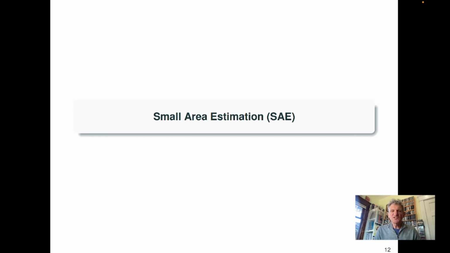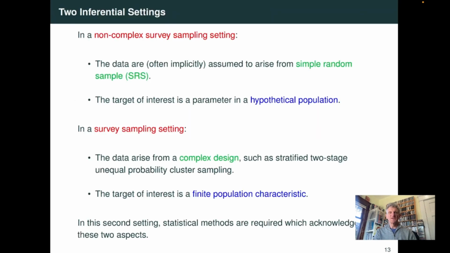So small area estimation is going to be the next topic. So I'm going to distinguish here between 2 situations. The non-complex survey sampling setting, so that's the more regular setting that people are probably more used to. So I'll describe that first, and then we'll just contrast that with the survey sampling setting. So when we're presented with data, we often assume that they're implicitly from just a simple random sample.